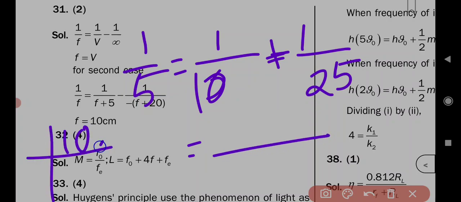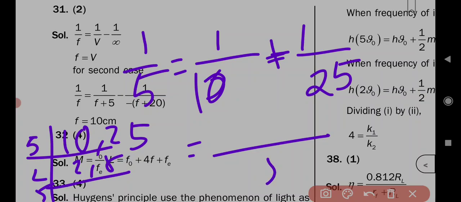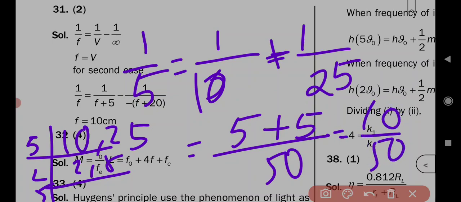Yes, this method in last class I showed you. 5 2s are 10, 5 5s are 25, 50. 5 plus 5, 10 by 50. So yeah, we got 5. 1 by 5 is equal to 1 by 5 I got.